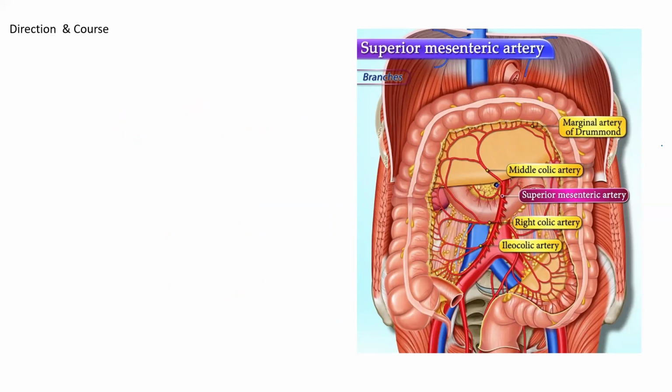You can see the superior mesenteric artery running downwards, forwards, to the right. The branches from the superior mesenteric artery need to supply the duodenum, jejunum, ileum, cecum, ascending colon, and right two-thirds of the transverse colon. Please remember.